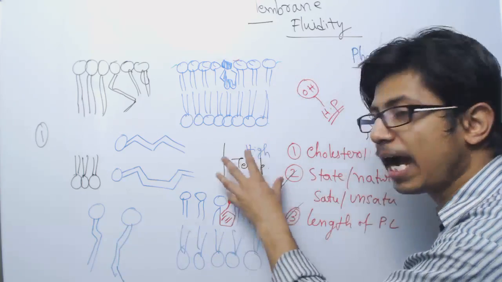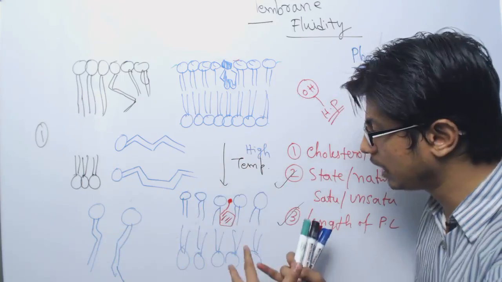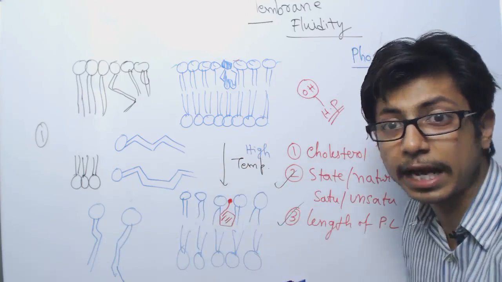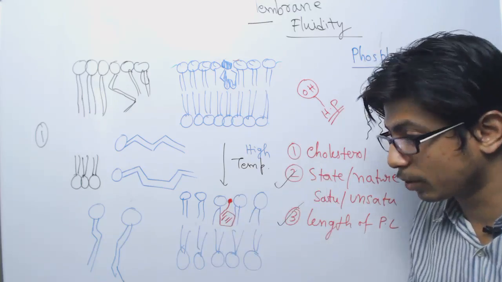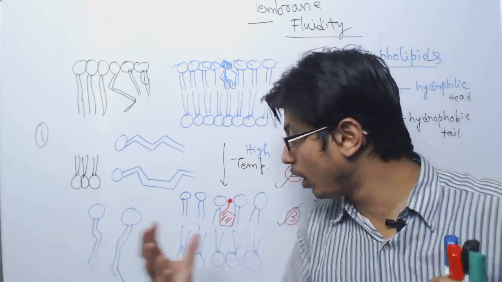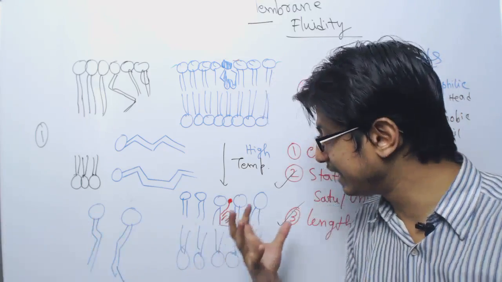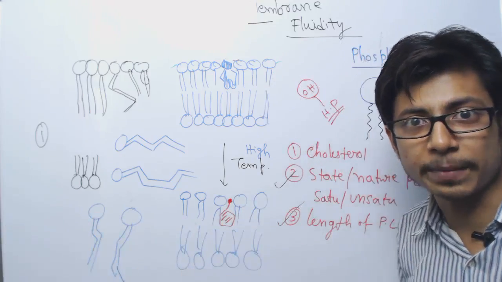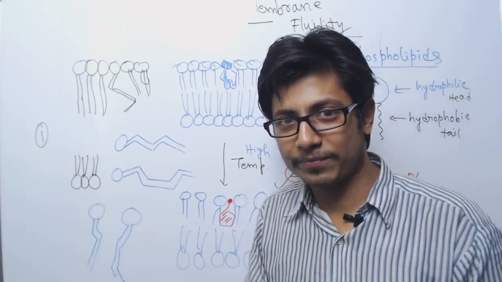So at this very high temperature, where the membrane is more permeable and the structure is very disorganized, in that condition cholesterol can change the organization, and cholesterol will bring all those phospholipids close to each other so that their integrity comes back to the cell membrane. So cholesterol functions both ways.